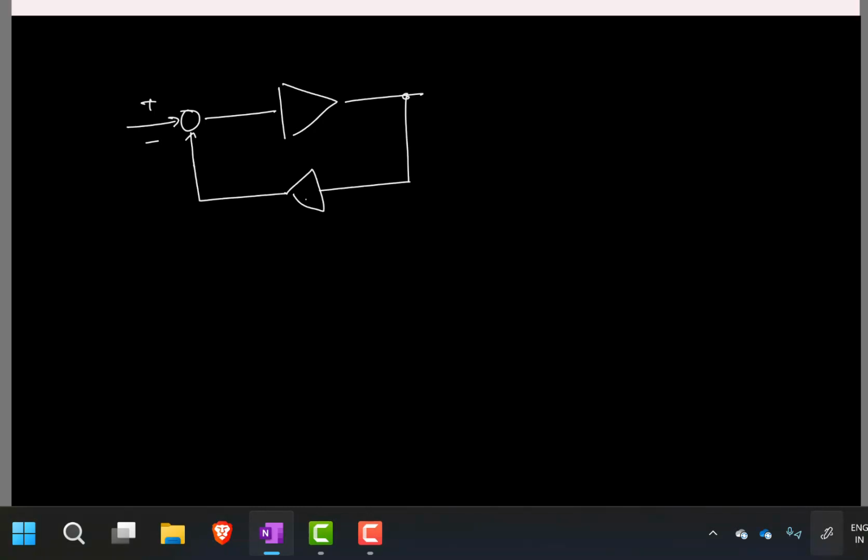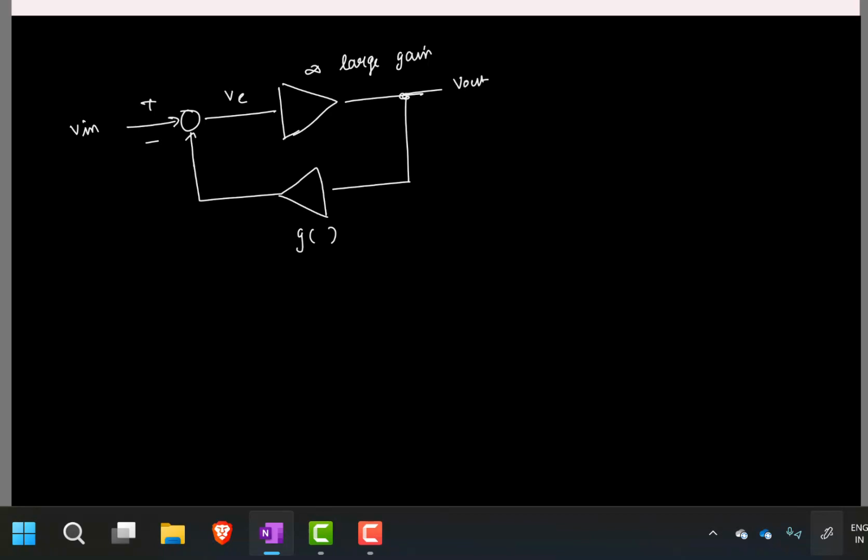So this is a negative feedback. Now let us say this has a large gain. Okay, so let's say for infinitely large gain for now. And usually we have a feedback factor beta. Now let us say this feedback factor beta is not completely linear. Instead, let us say I have some non-linearity G. Okay, this is V in, V out.